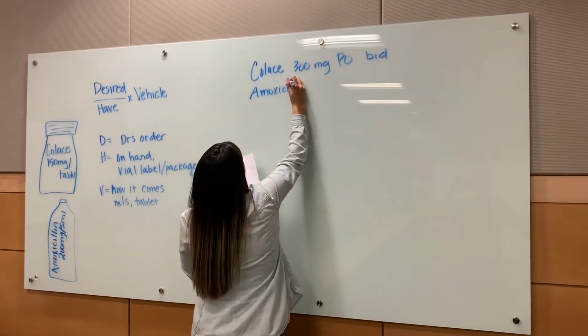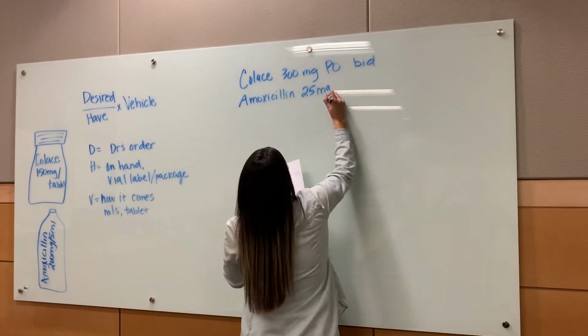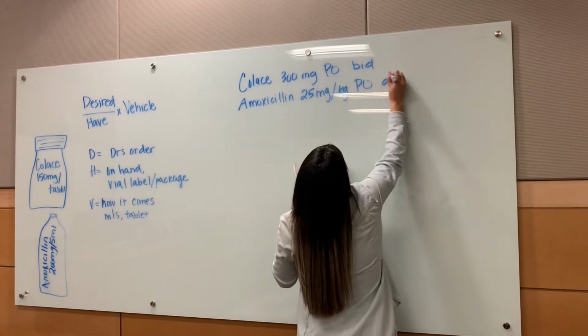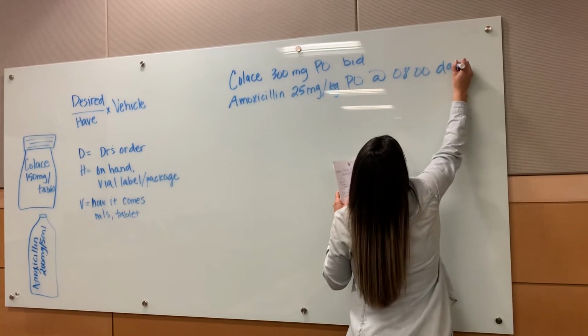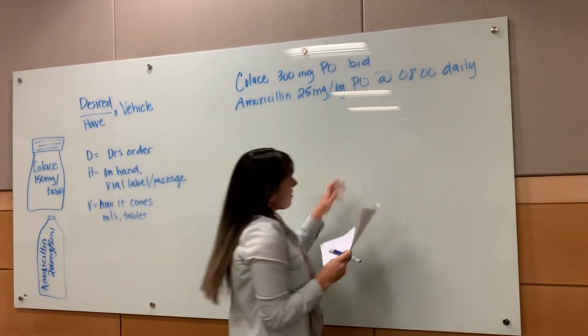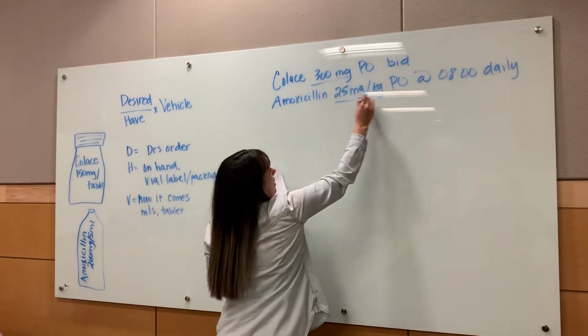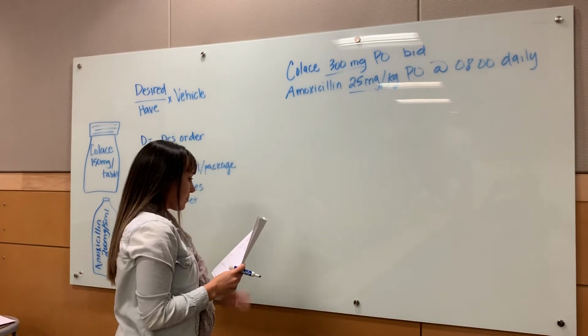Amoxicillin, 25 milligrams per kilogram, PO at 8 o'clock daily. Okay, there's a lot of extra numbers in here, but really we're more focused on just what the dose is, because that's going to help us with our drug calculation.